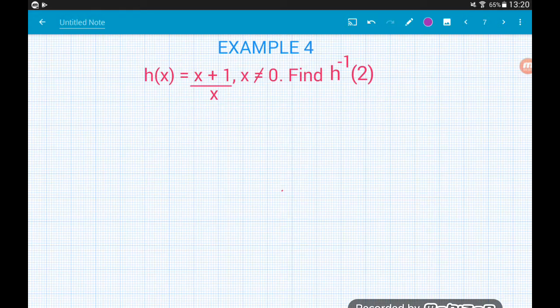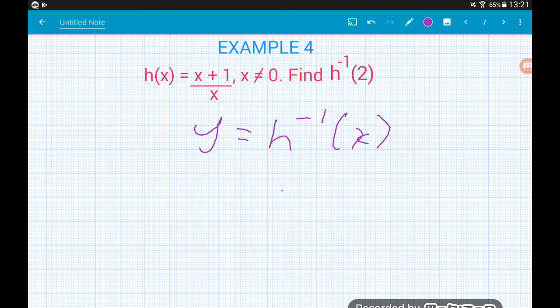So given that the algebra is going to be quite heavy here, and you're perfectly allowed to do this for any inverse question, instead of having to keep on writing h inverse, we're going to say that y is equal to the inverse h function. So then instead of having to keep writing h inverse, we can just use a cheeky little y instead.